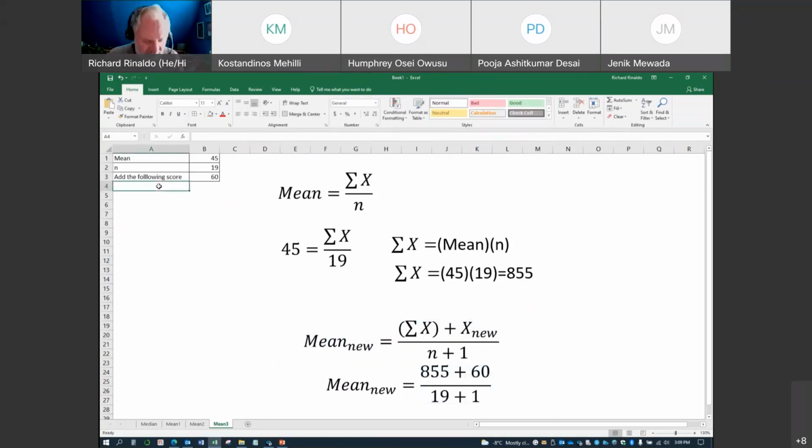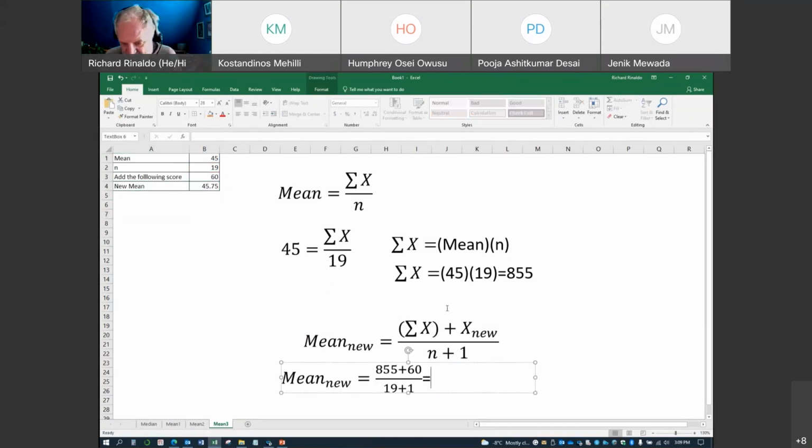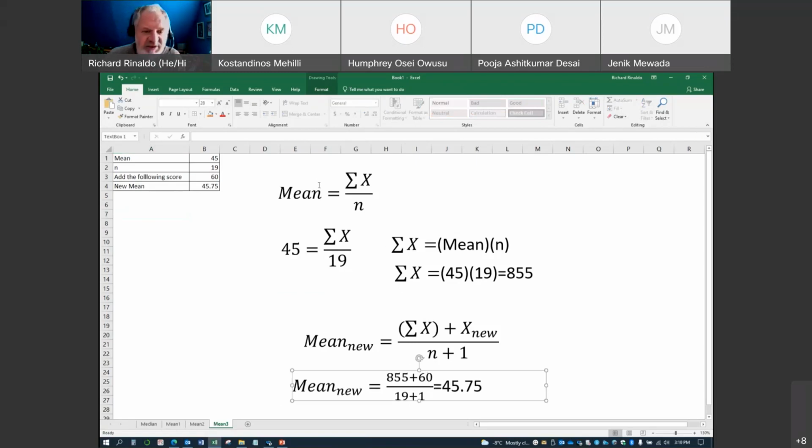The new mean equals 45.75. So on quizzes, you may see questions like this.